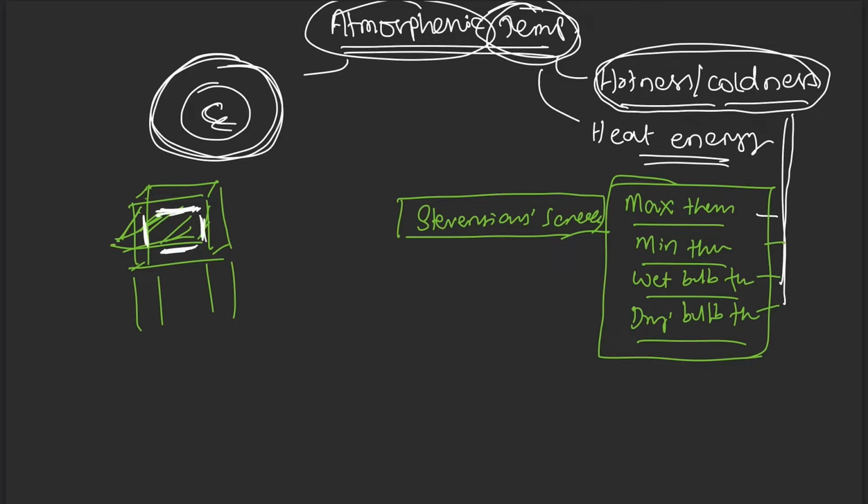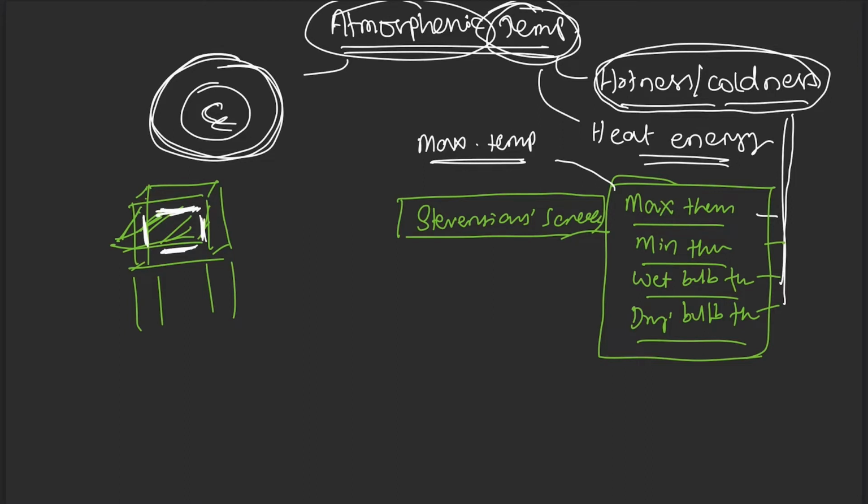So what is the role of these thermometers? The maximum thermometer measures the maximum temperature in a day, in 24 hours, and this is a mercury in glass type thermometer. That means inside the glass rod we have mercury, okay.